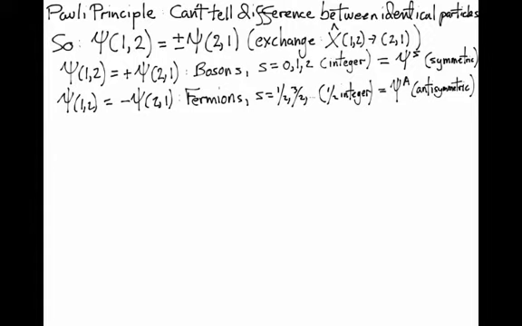They're either bosons, they have integer values of spin, or they're fermions with half integer values of spin. And if they're bosons and you exchange them, the wave function stays the same. If they're fermions and you exchange them, the wave function changes sign, and that is it. Those are the only two things allowed. And it's impossible to overstate how important it is that electrons are fermions. All of chemistry derives from that, and we're going to begin to explore why that's true.